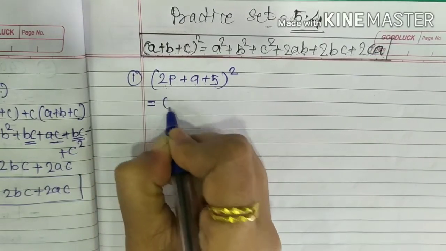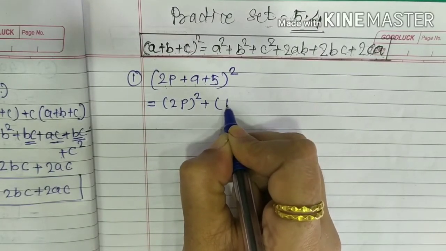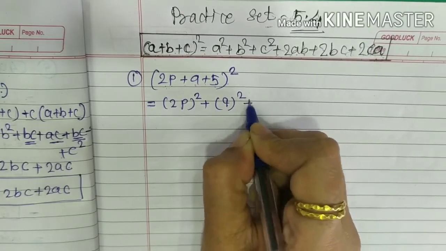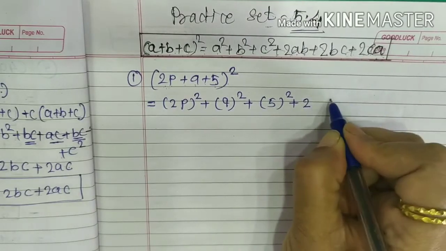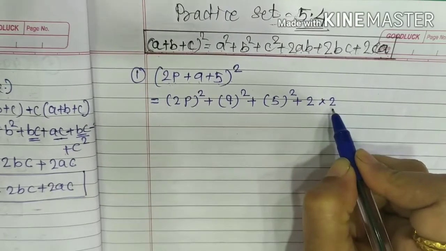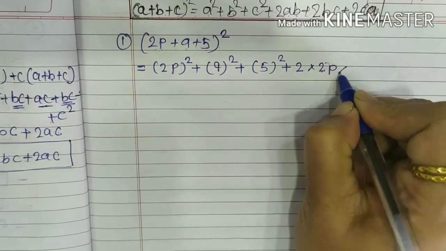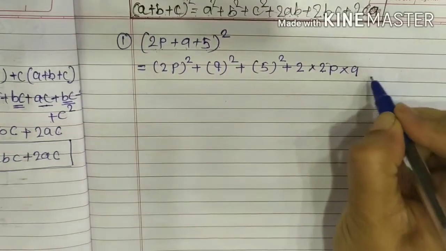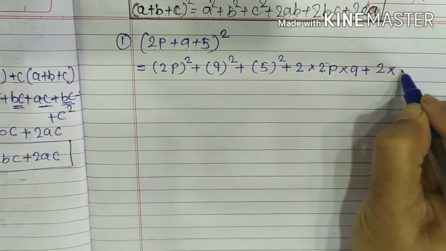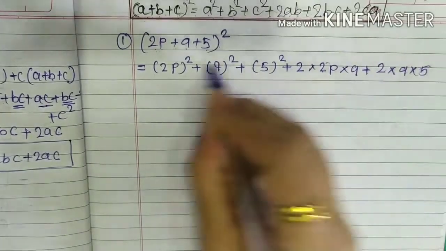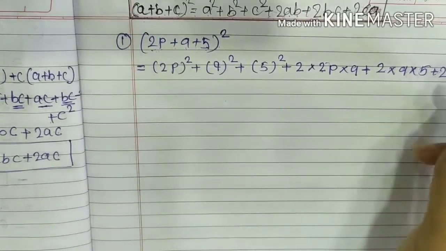So first term square, second term square, that is q square, plus third term square, plus 2 into first and second term, 2 into 2p into q, plus 2 into q into 5, plus 2 into 5 into 2p.